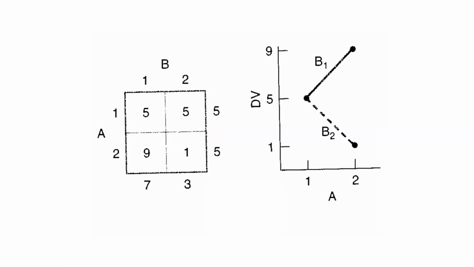Work through this example. Okay, there's no main effect of A, those are the same. There's a main effect of B, because those are not the same. And there's an interaction, because those are not parallel.